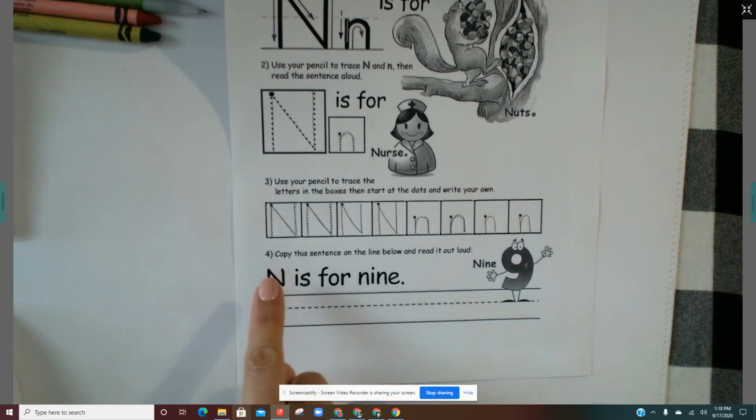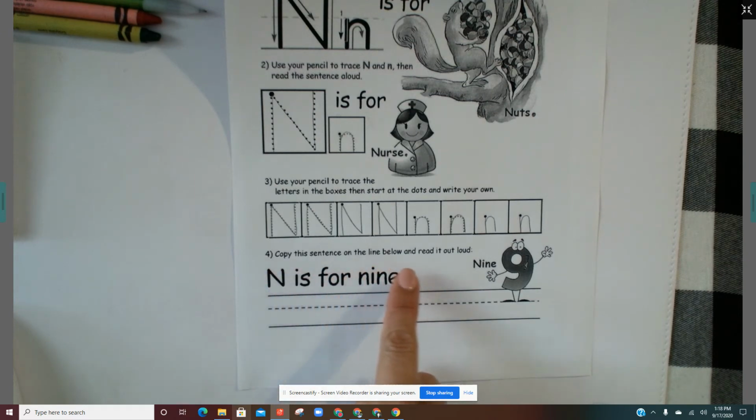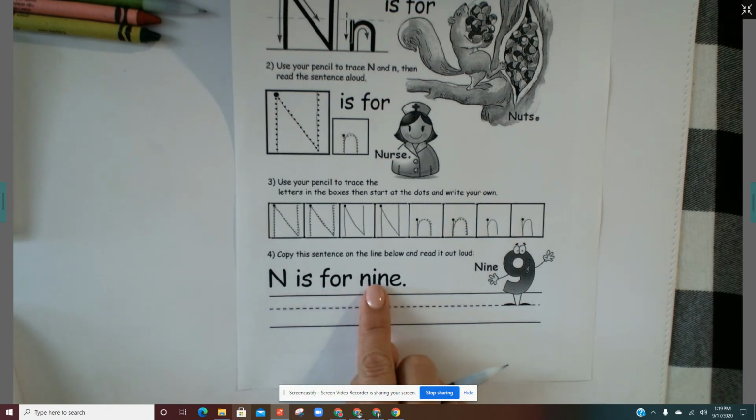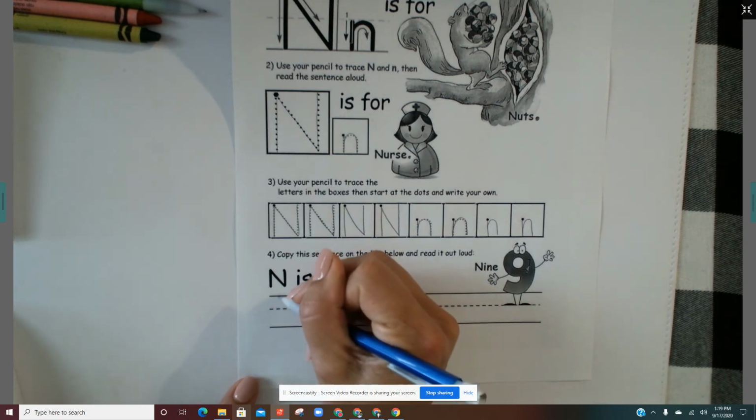Good job. Now number 4 says, copy this sentence on the line below and then read it aloud. So I have N is for nine. Yes. So I'm going to write my sentence.